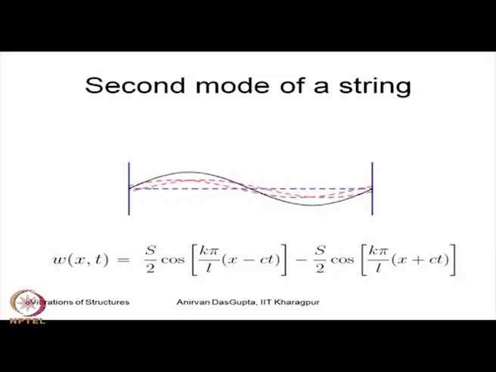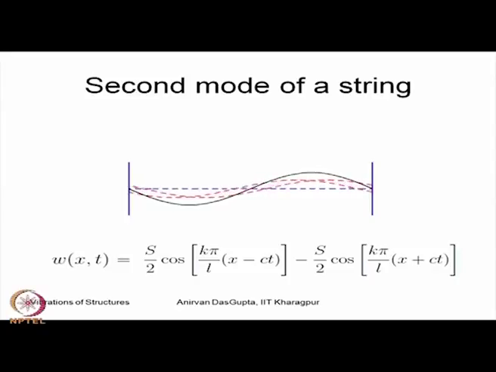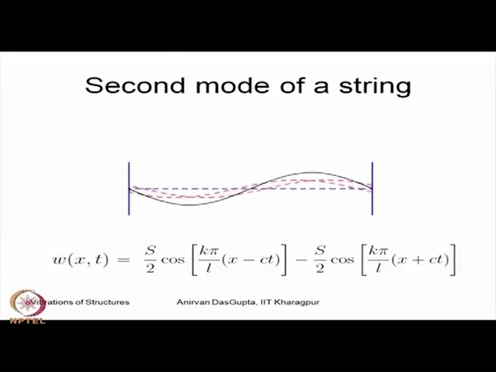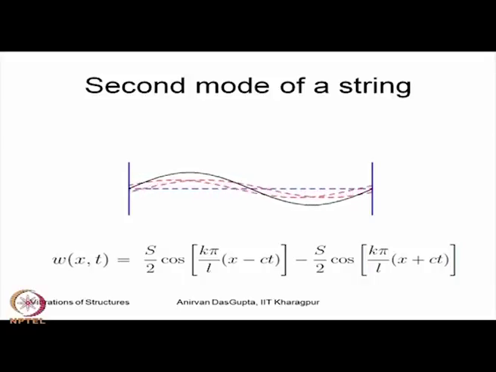Now, how do we understand the existence of these travelling waves that we are decomposing into? For that we have to look at the solution in detail, which we will do very shortly.